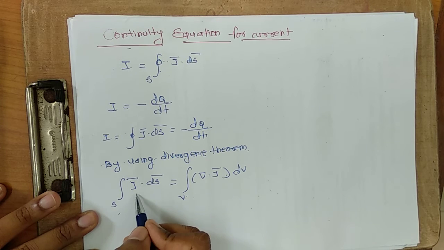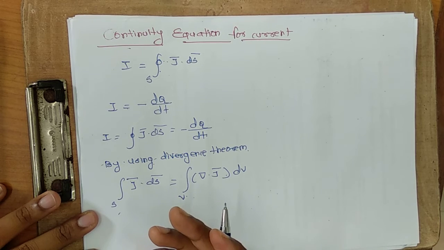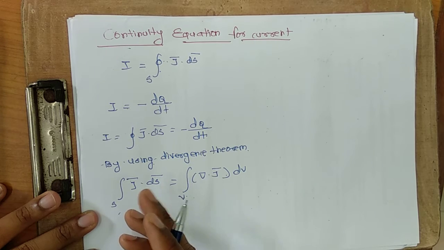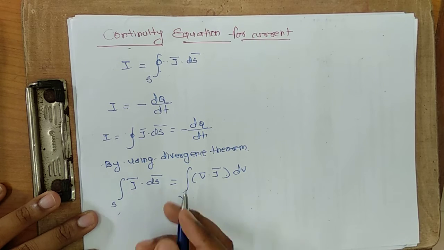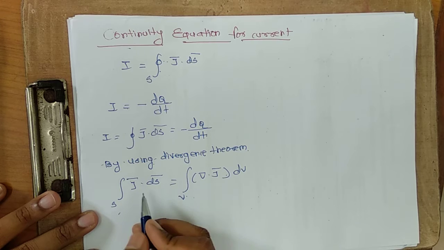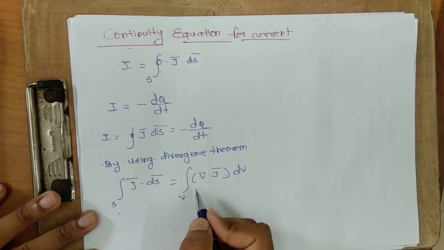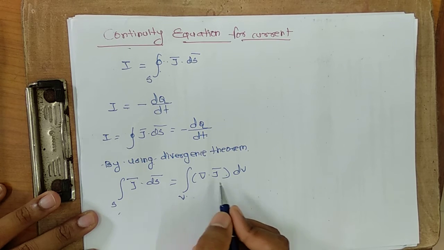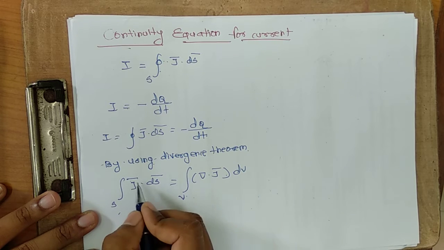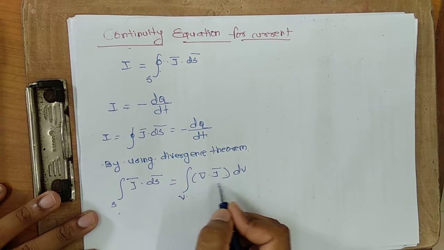Here j bar can be any parameter like d bar, e bar, or b bar, the flux density or anything else. So the integral of j bar dot ds bar is equal to the volume integral of del dot j bar dv.